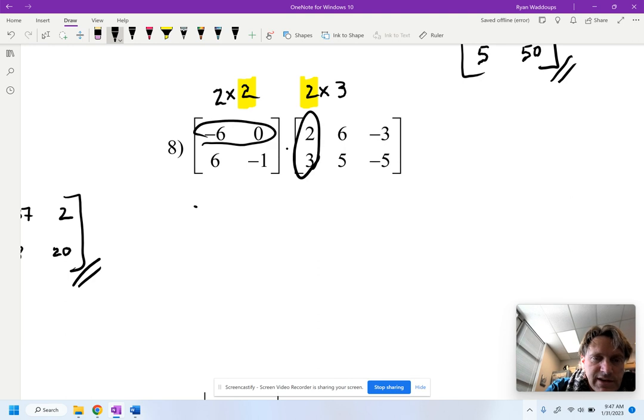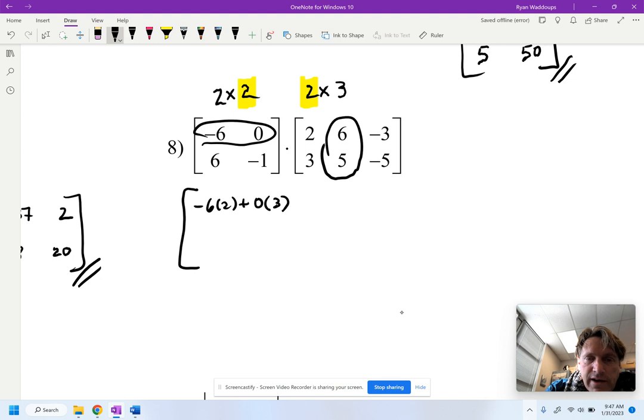So negative 6 times 2 plus 0 times 3. That's our first row, first column. Then let's go over here to first row's second column. So we've got negative 6 times 6 plus 0 times 5.